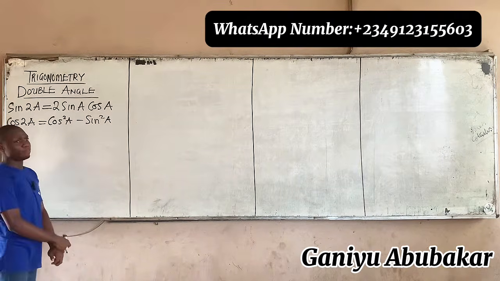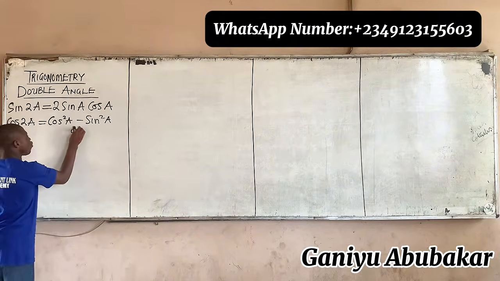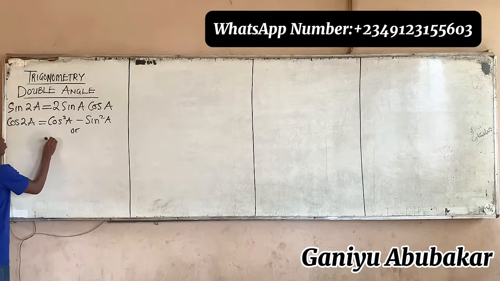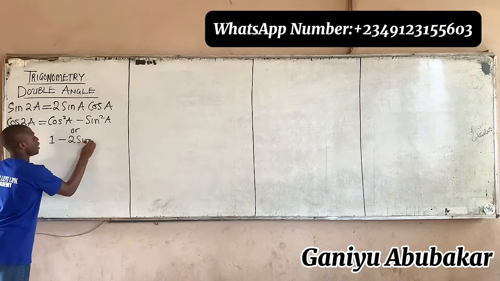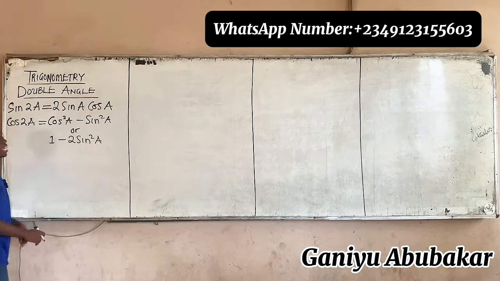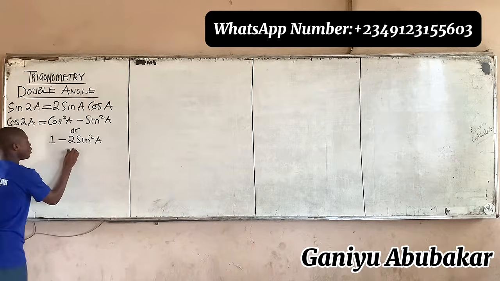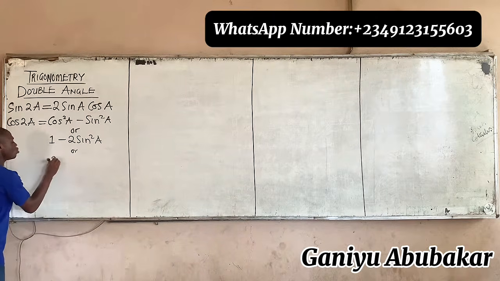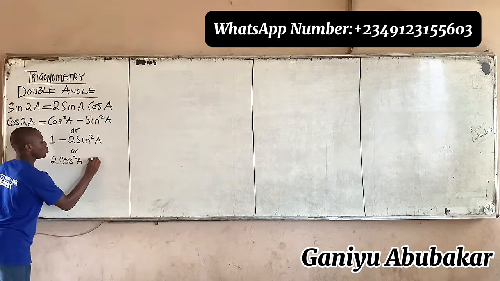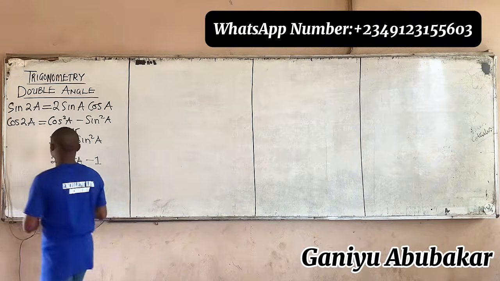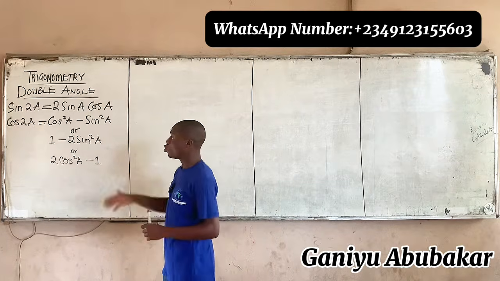The other expression is 1 minus 2 sine squared a. The last expression is 2 cos squared a minus 1. These are the three expressions for cos 2a, so know this, please.